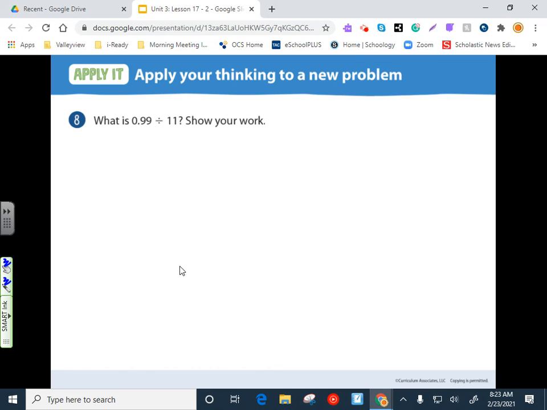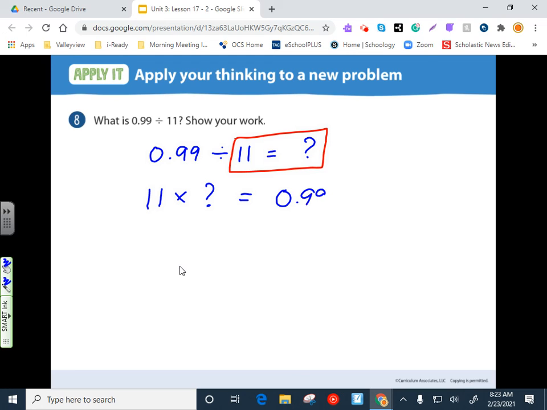What is 99 hundredths divided by 11? Show your work. Well, let's set this up. 0.99 divided by 11 equals this. Let's convert this to a multiplication problem. So this will be 11 times something equals 0.99.